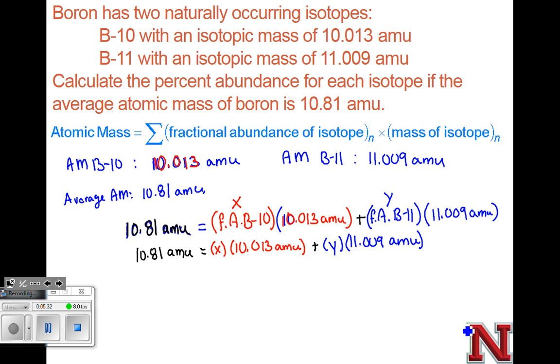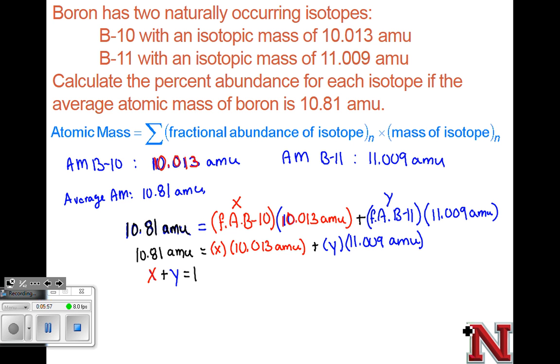So I can say x plus y is going to be equal to 1. And that's just applying something I already know about what a fraction is.